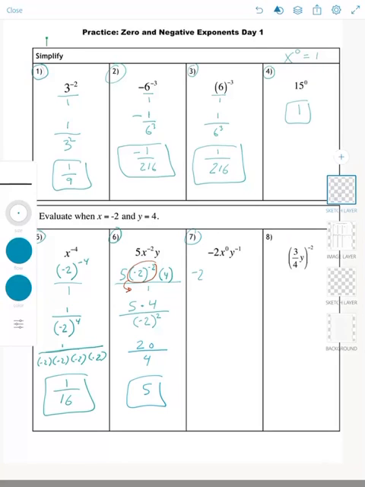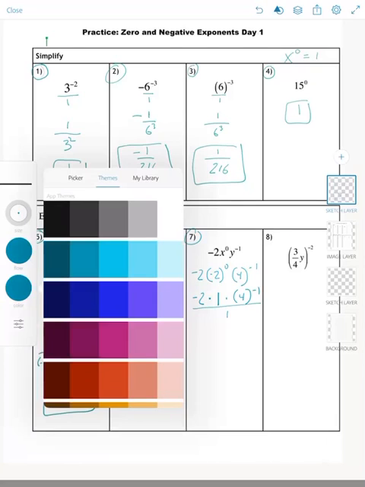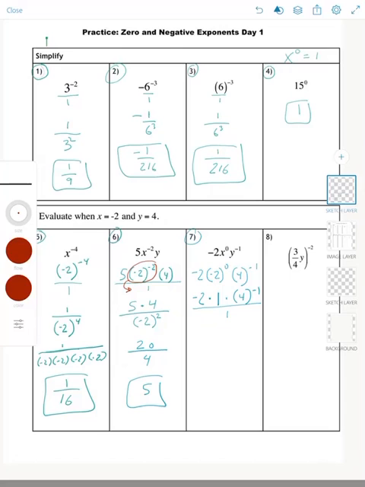Okay, number 7. Negative 2, substituting for x, we get negative 2, that's to the 0 power. Y is 4 to the negative 1 power. This is negative 2 times negative 2 to the 0 power. Anything to the 0 power is 1. And then to the negative 1 power. Remember, this is all over 1.